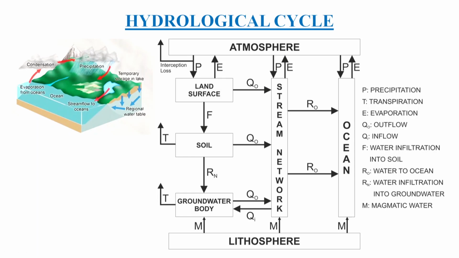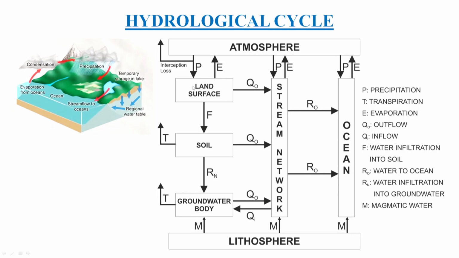So, there will be a loss in the total precipitation that otherwise would have been more in case there are no trees in a particular area. So, that is your interception loss. You have this water on your land surface, and also some evaporation is going on.